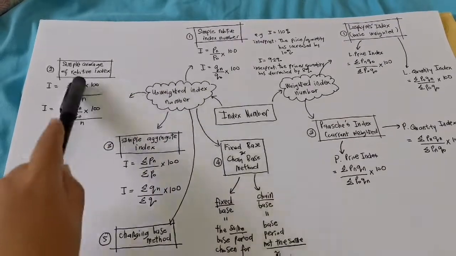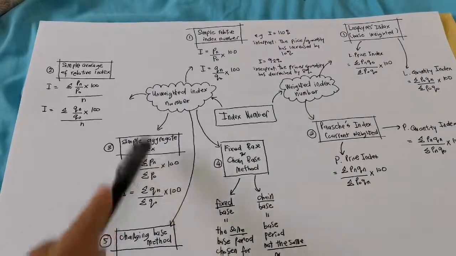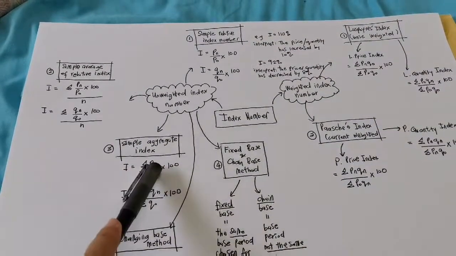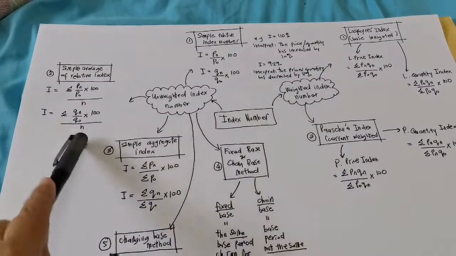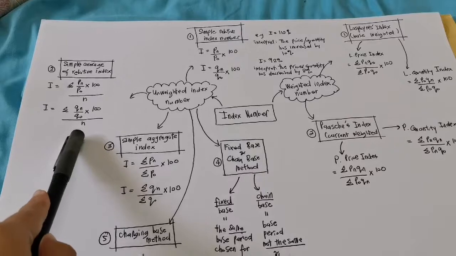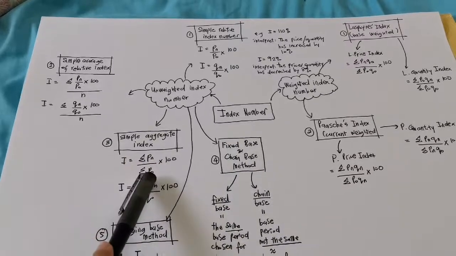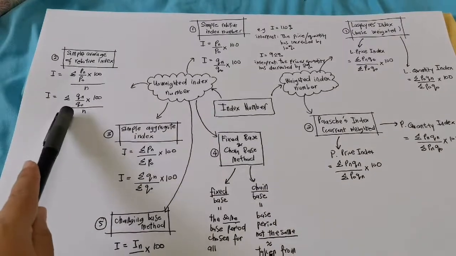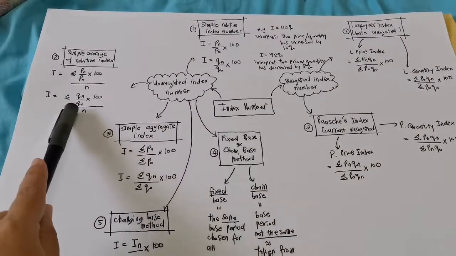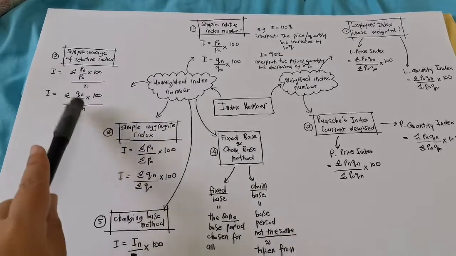We have these three, and you have to understand the difference between them. The first one involves just one item. The second one involves a few items, and you have to find the index number for every item first, then add the index numbers and get the average.